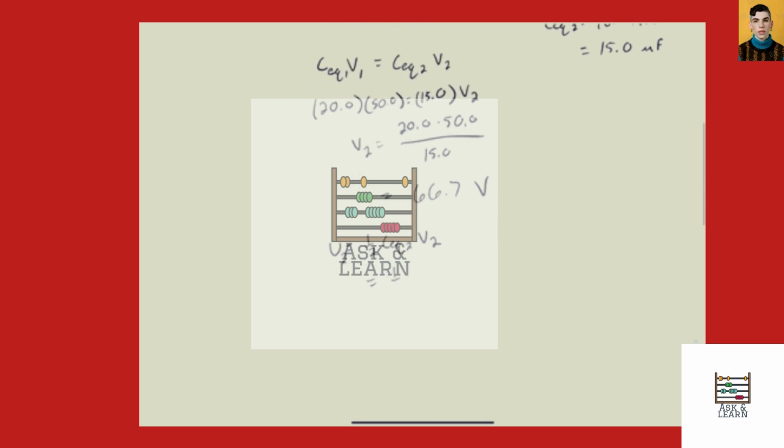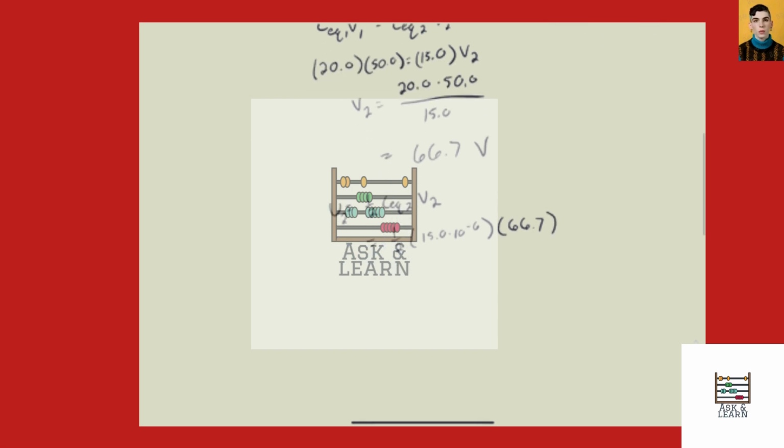So this is a half times the new equivalent capacitance, which is 15 times 10 to the minus 6 farads. And the voltage is 66.7 volts. And this comes out to 3.3 times 10 to the minus 2 joules.